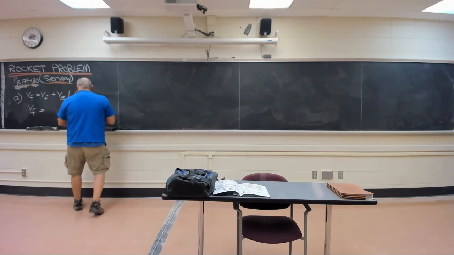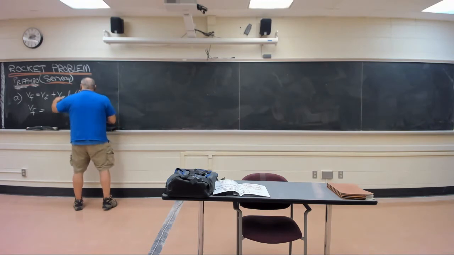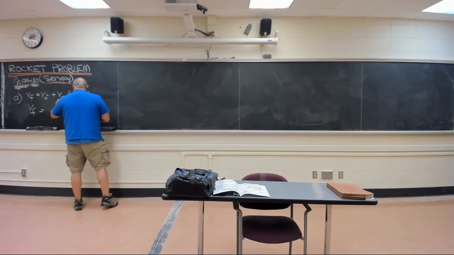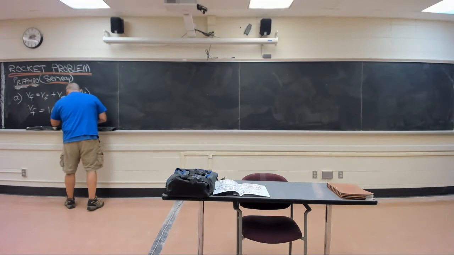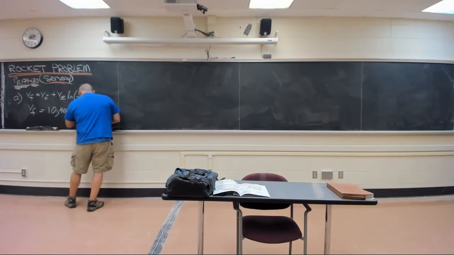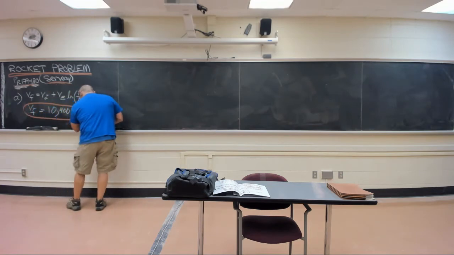The natural logarithm of 10 is a number bigger than 2, so it's going to be more than double 4,500. And it comes out to 10,400 meters per second.